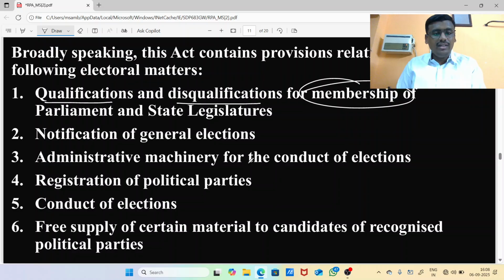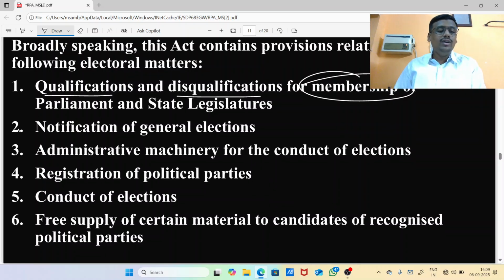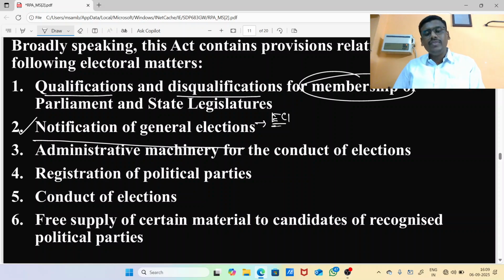Then it gives the notification of general elections. The Election Commission of India gives the proper notification of general elections, based on the Representation of People Act 1951.